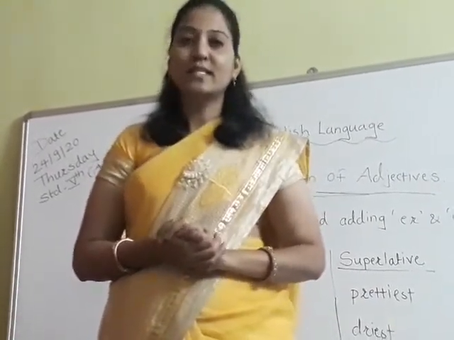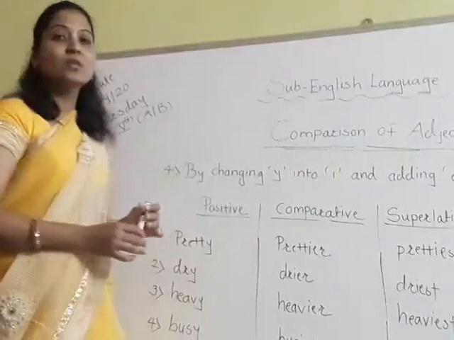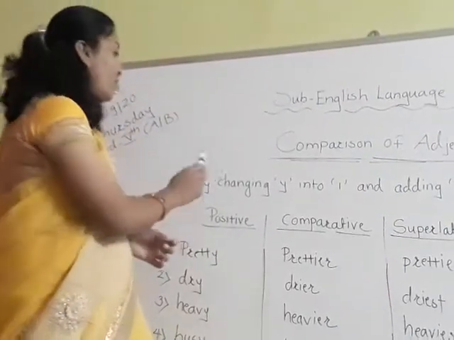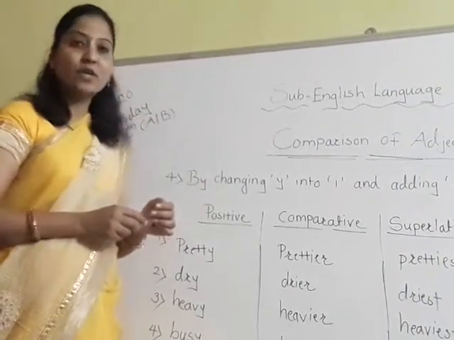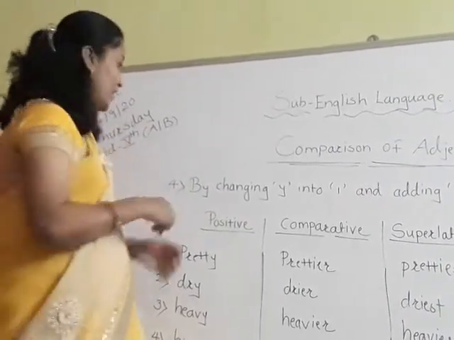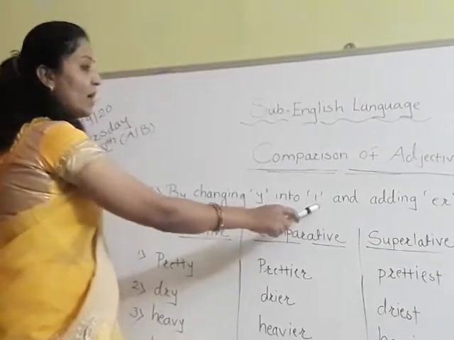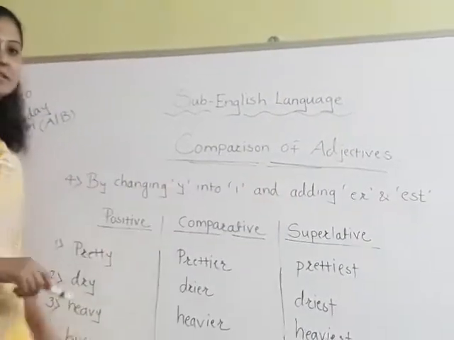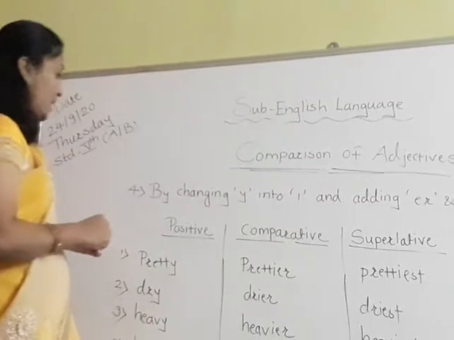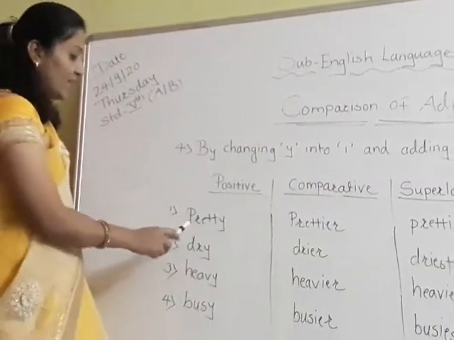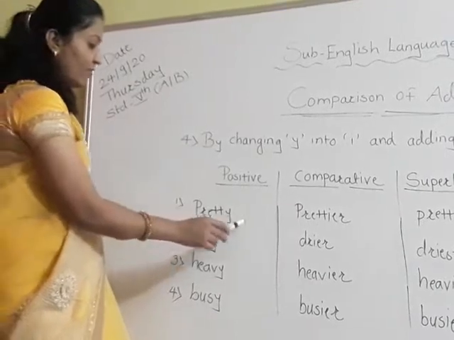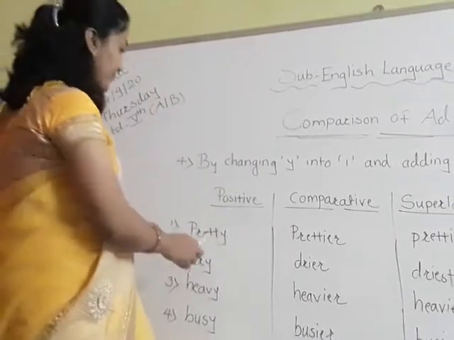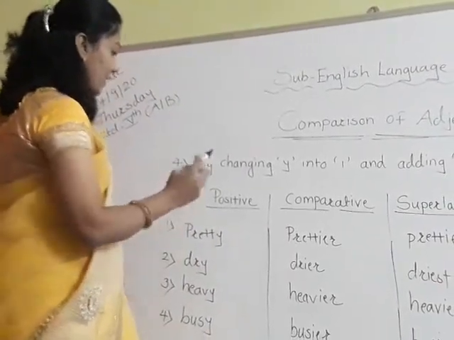Now let's see the fourth rule. The fourth rule is we can form comparative and superlative degree by changing y into i and adding er and est to the word. Now see, the spelling of pretty is P-R-E-T-T-Y.